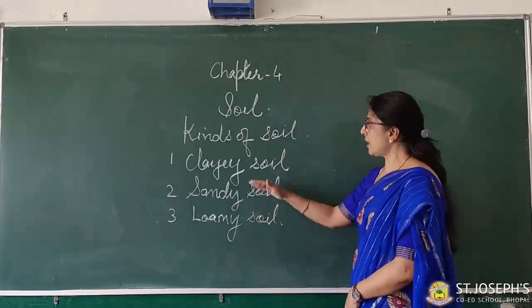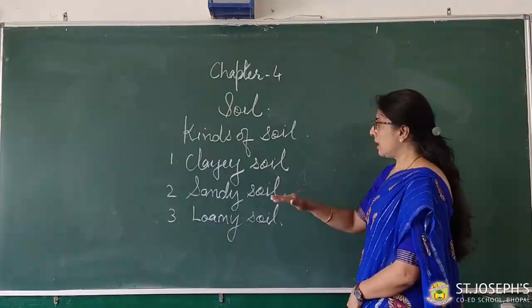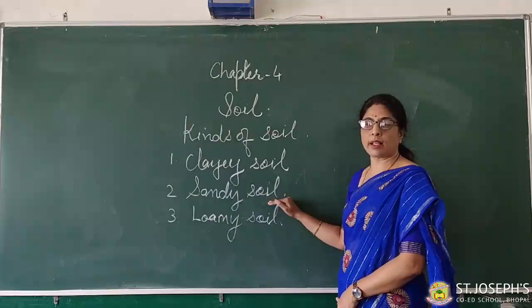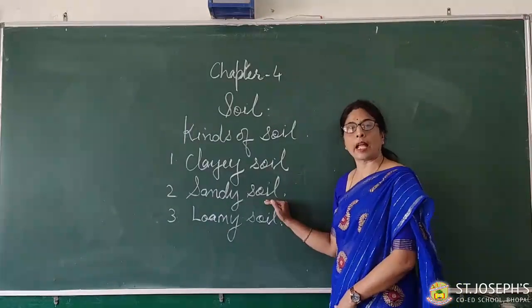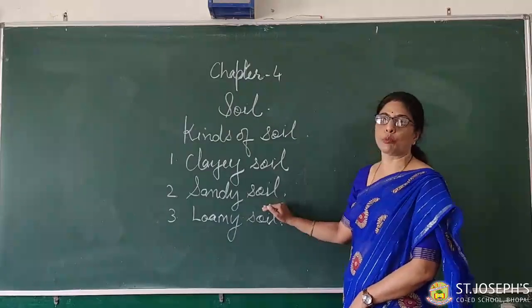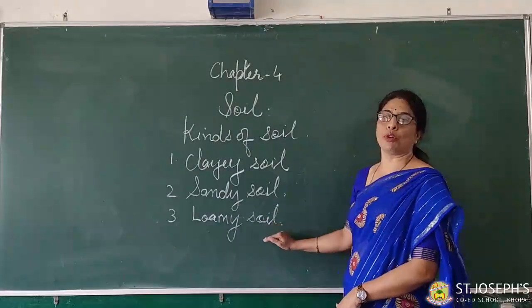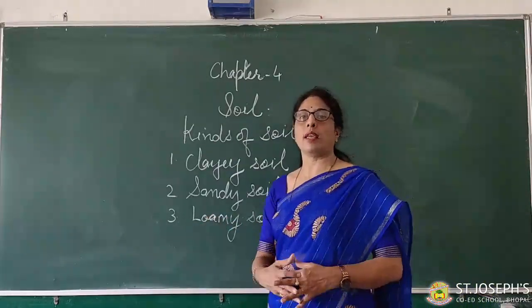This is how we can say clay soil is good for making pots and toys. Sandy soil is present at deserts as well as seashores, but it is not good for plants. Desert plants can be grown in sandy soil, but not most of the plants. Loamy soil ultimately is very good for growing plants because it contains all the things in equal amount.